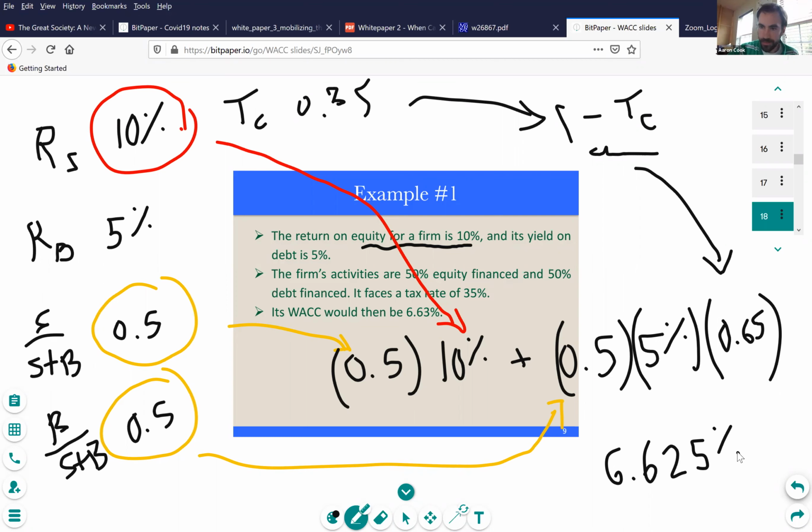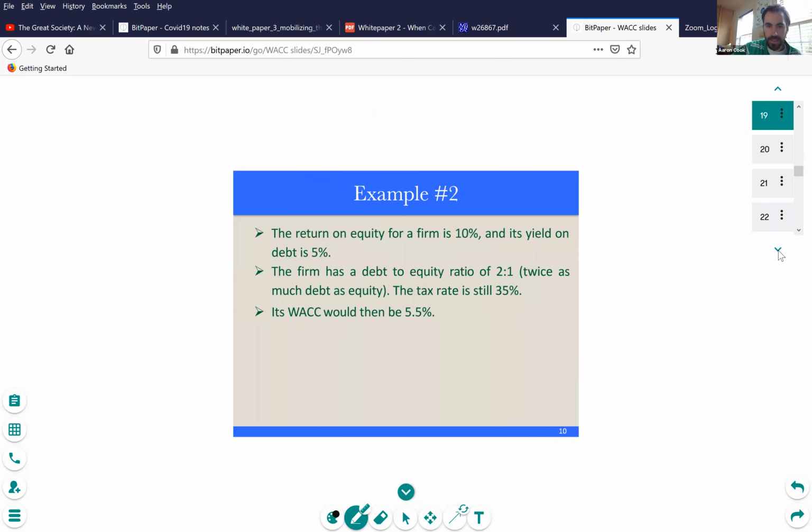We could do another example. Just in this case, the return on equity and debt are identical, but in this case, we're not given the actual percentages of the company that are financed with equity or debt. We're not given the dollar amounts that are financed with equity and debt. Instead, what we're given is the debt to equity ratio, which is 2 to 1 in this case.